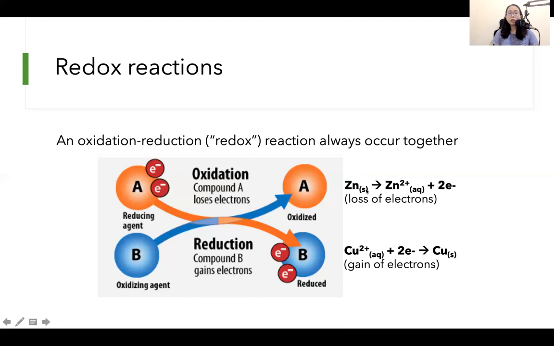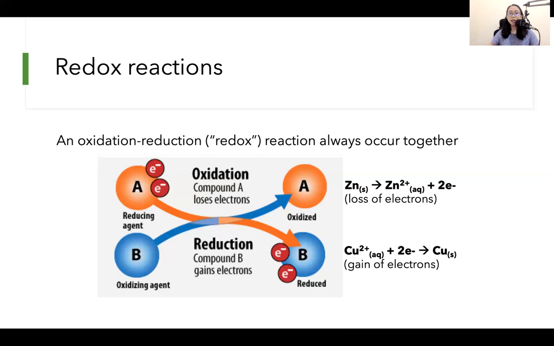Now, if this solid zinc is placed in a solution of copper 2 ions, the copper 2 ions in the solution gain the two electrons coming from the zinc, and this leads to the formation of solid copper.